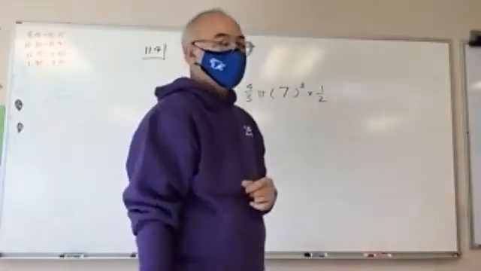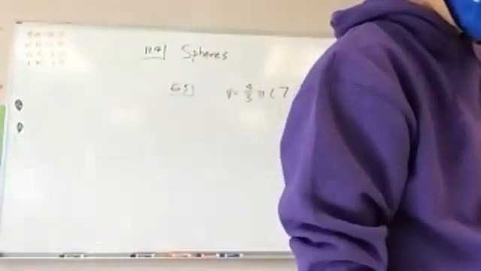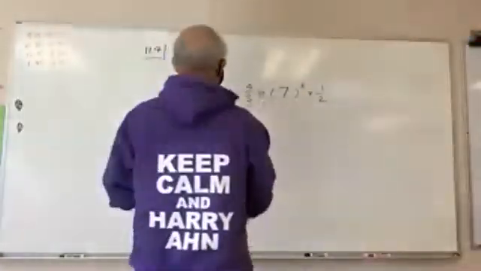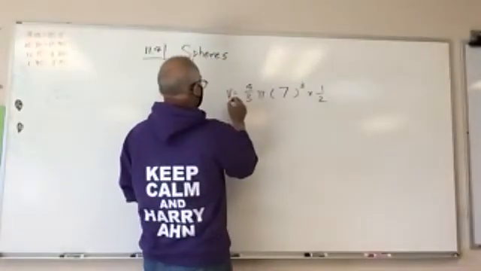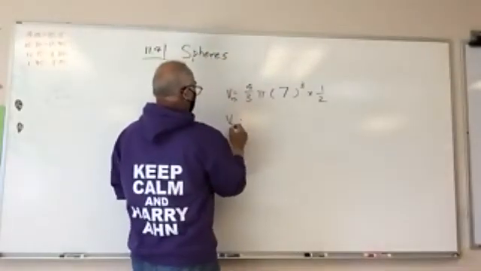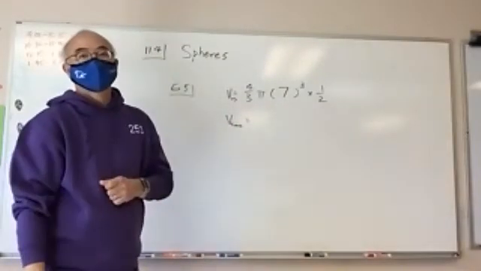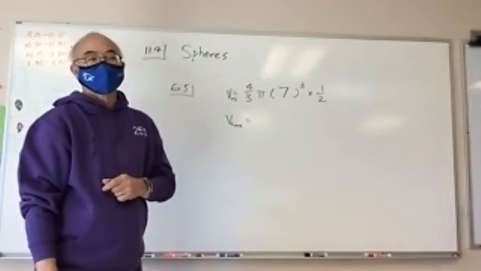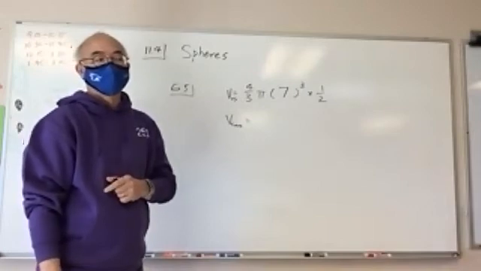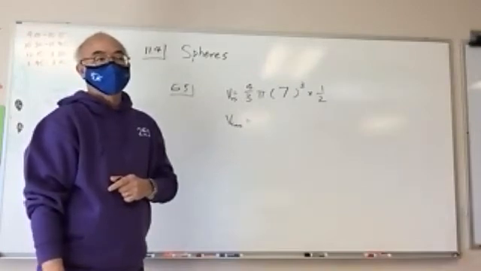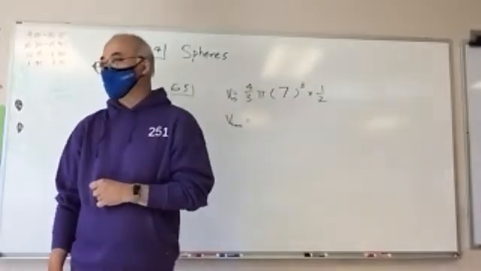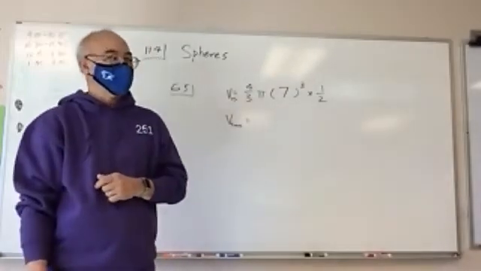Okay, now let's see if we can remember the volume of a cone here. The volume of that cone, so this was the hemisphere, this is the cone. Volume of the cone is the base area times the height, and then what? I have to divide that by, what's the magic number? 3.